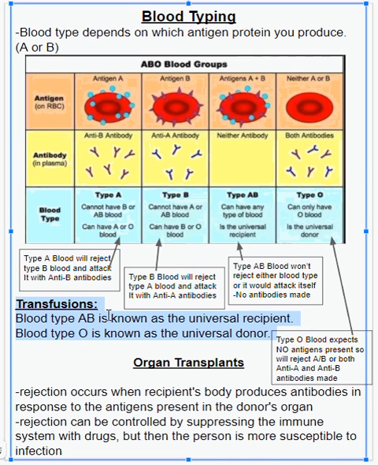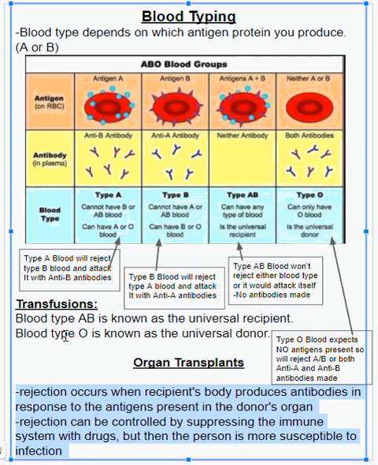So we mentioned an AB person is a universal recipient, an O person is a universal donor, and when it comes to transplants, rejection will occur if the person produces antibodies in response to the antigens. Remember, everybody's protein is unique to them.